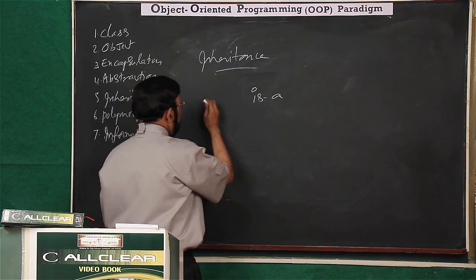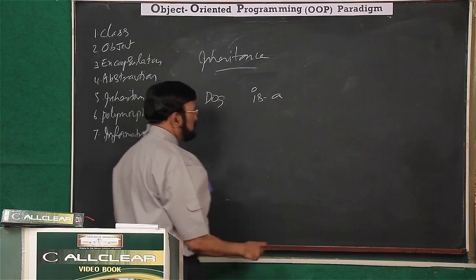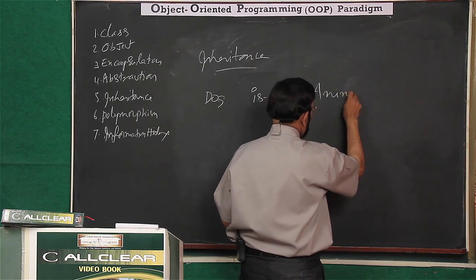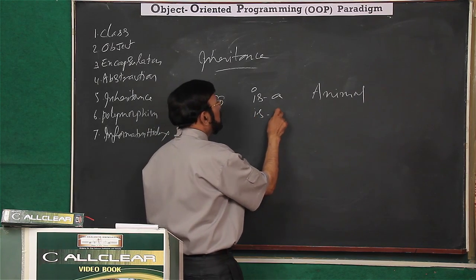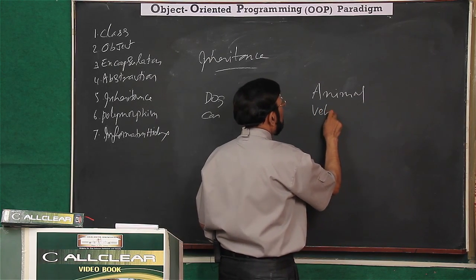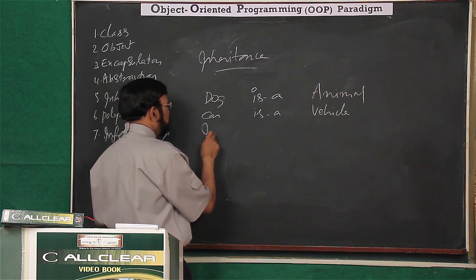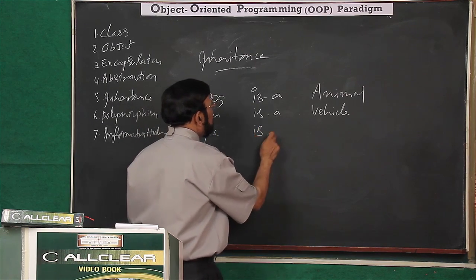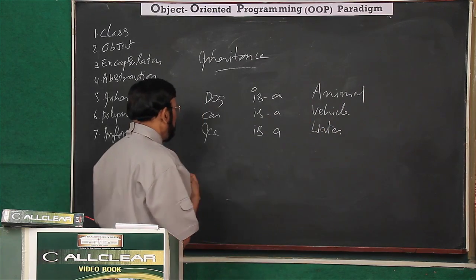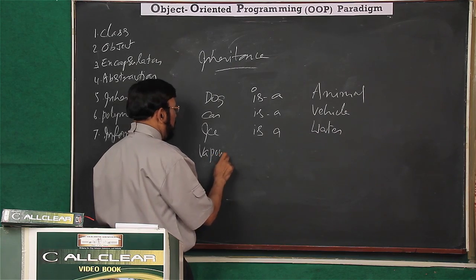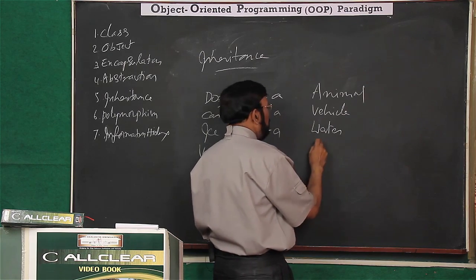Now, you see: dog. A dog is a type of animal. A car is a type of vehicle. Ice is a type of water. Vapor is a type of water.